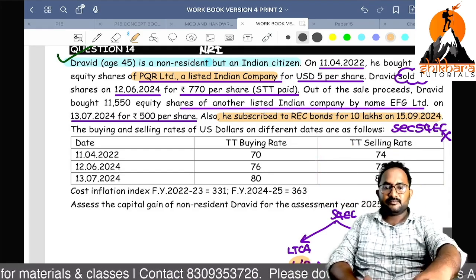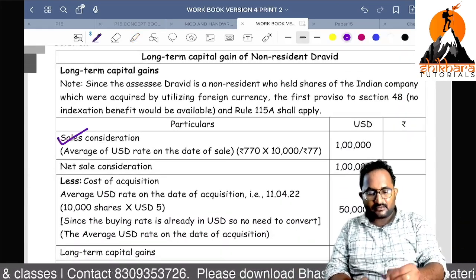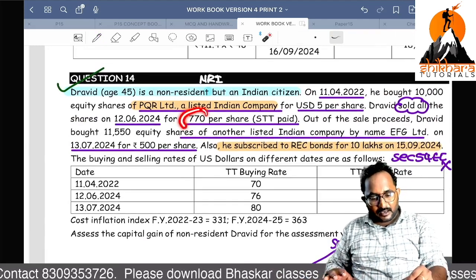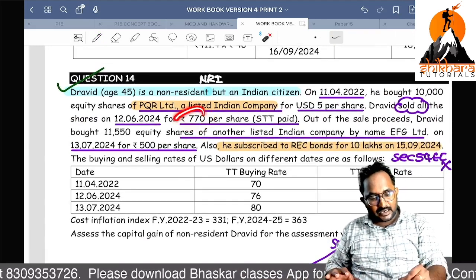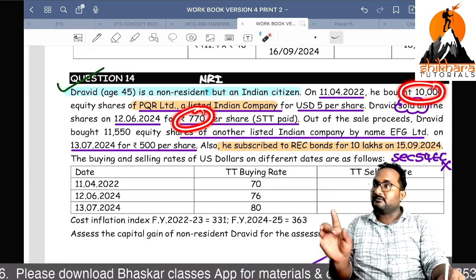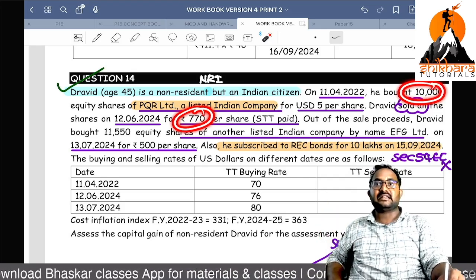Shall we start this? Now, sale consideration. How much? They are directly given in rupees. Please calculate in rupees how much you will get. 10,000 into 770 rupees. But we have to convert into foreign currency. What is the rate we have to use for converting into foreign currency?